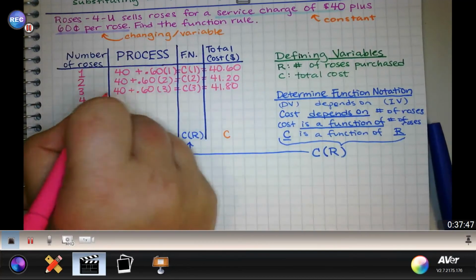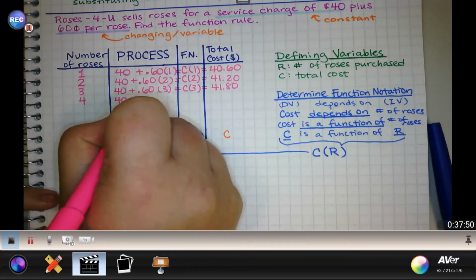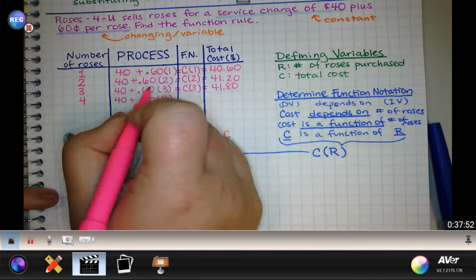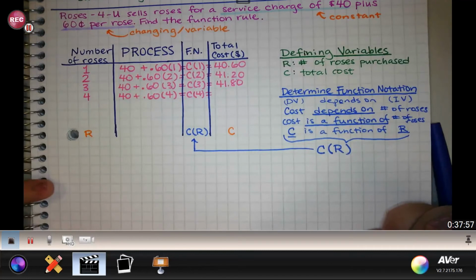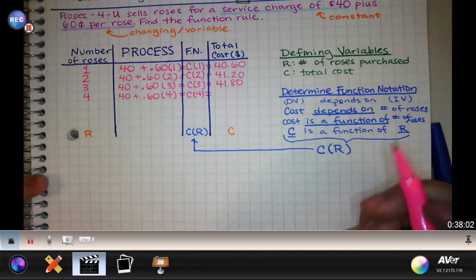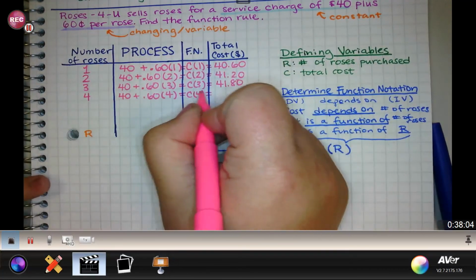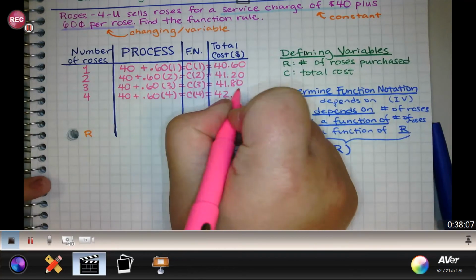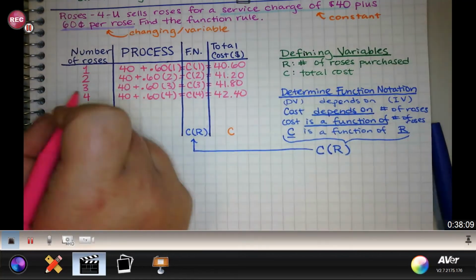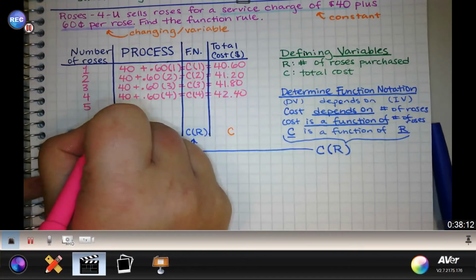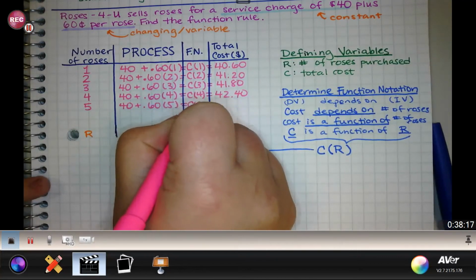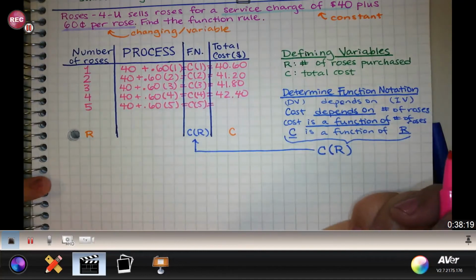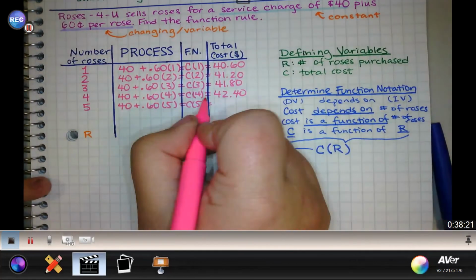Four roses is $40 plus 60 cents times 4 roses, which is C of 4. 60 cents times 4 is $2.40, so 40 plus $2.40 is $42.40. And 5 is $40 plus 60 cents times 5, which is C of 5. 60 cents times 5 is $3, so that's $43.